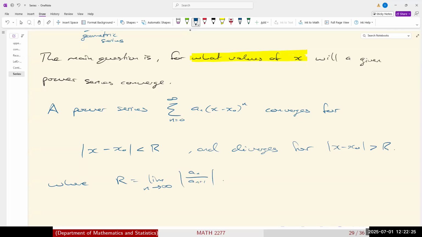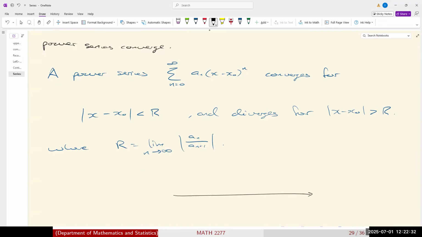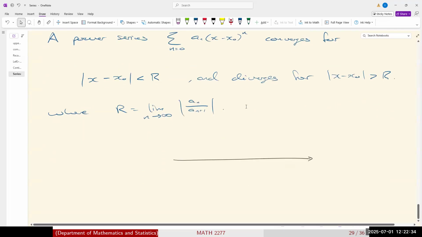Okay, let me show you what that looks like. Actually, this is linked a lot with complex analysis, because there you also have power series, but in the complex plane. So let's say here is your x0, and you worked out this value R, and let's just say it's finite.